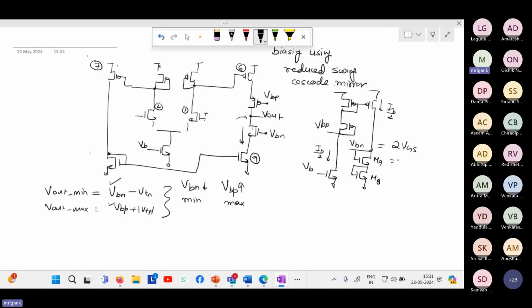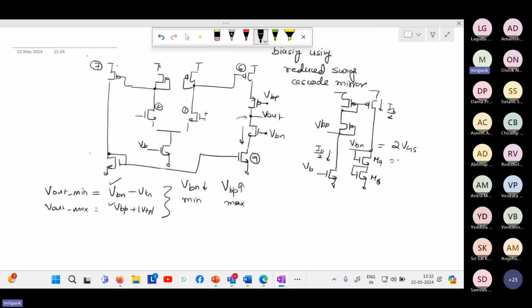And here we are also basically constrained with the W by L ratio. Ideally, you have to just reduce the VBN. We will just go for increasing W by L of M9 and M8. So you can say that, okay, just increase the W by L of M9 and M8 and you will get lesser VBN.